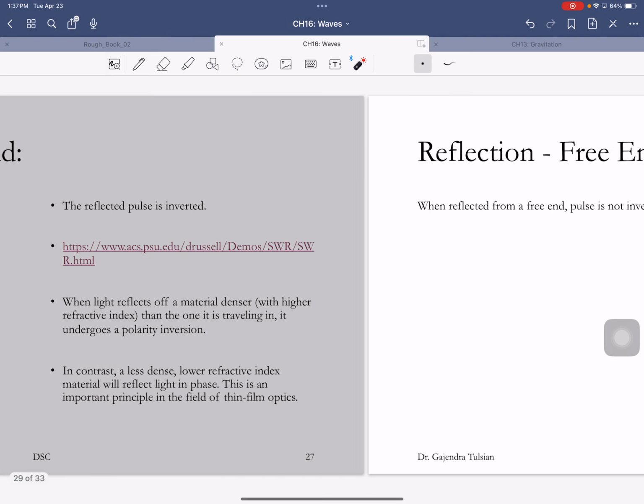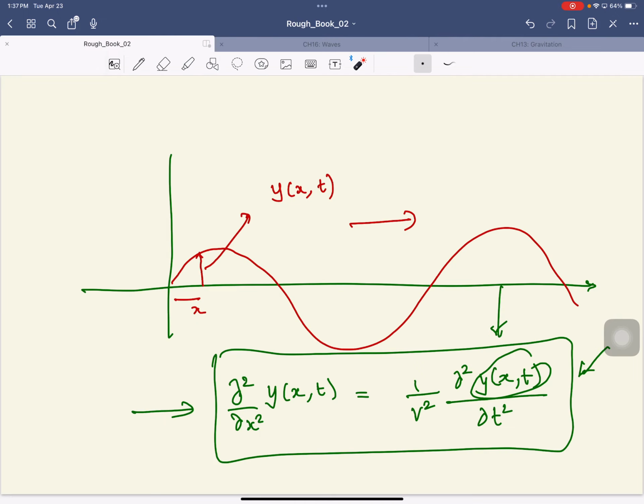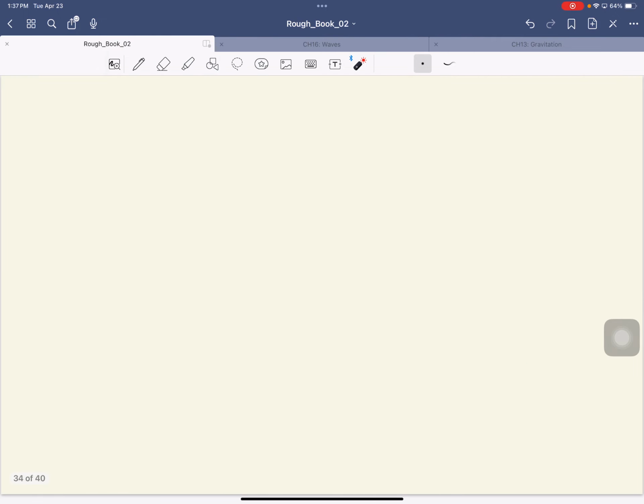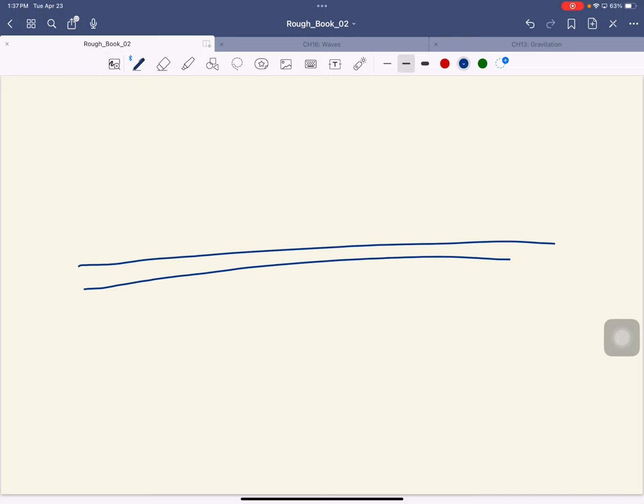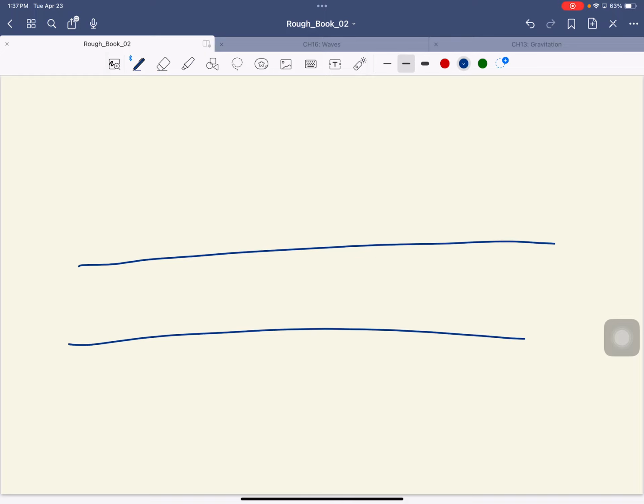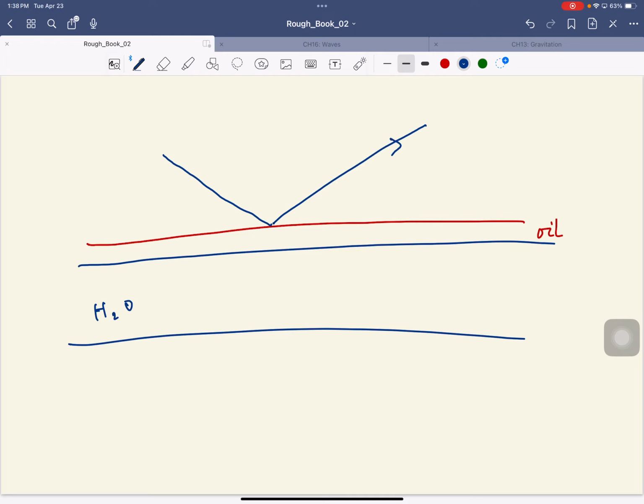So here's what's going on. When it rains, there's H2O, a thin film of water, and then oil leaks, and this is oil. A beam reflects like that, and another beam reflects like this.